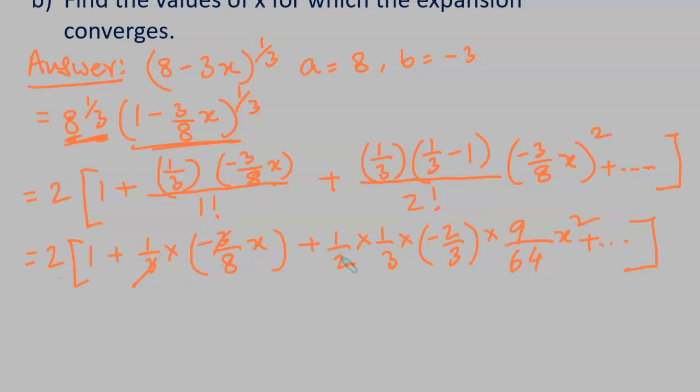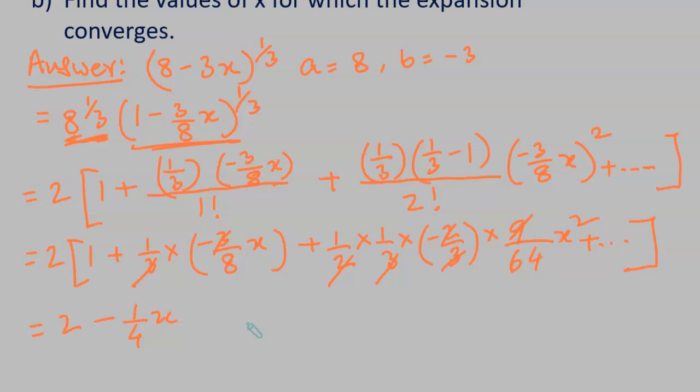And what can be cancelled? These two can get cancelled, and these two will be getting cancelled, okay? So it is 2 times 1 is 2, and then it is a negative number, so it is negative, and 1 over 4 times x, and then this is negative, right?